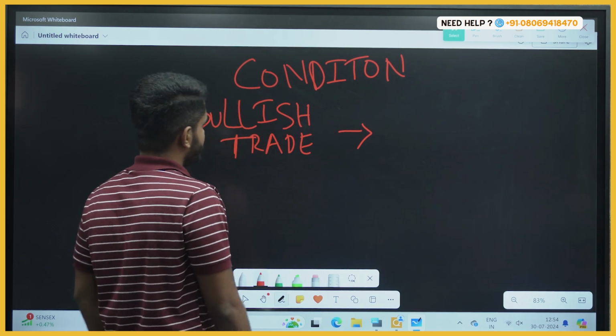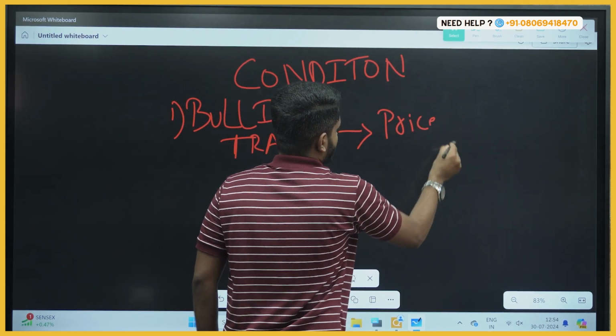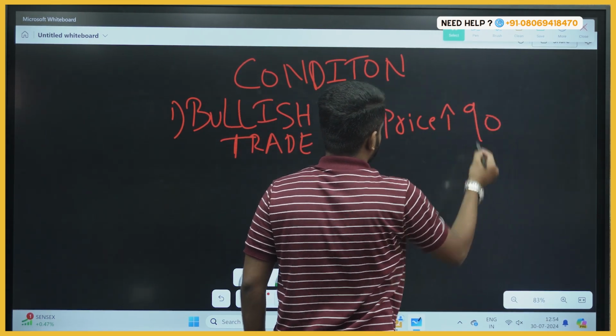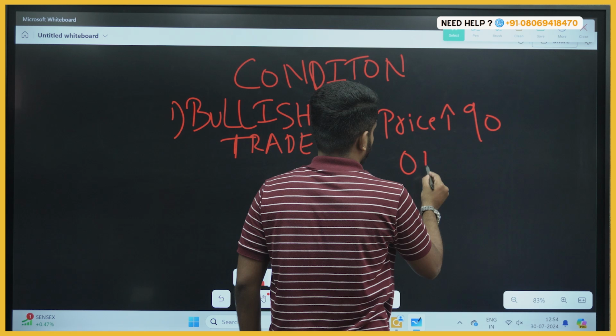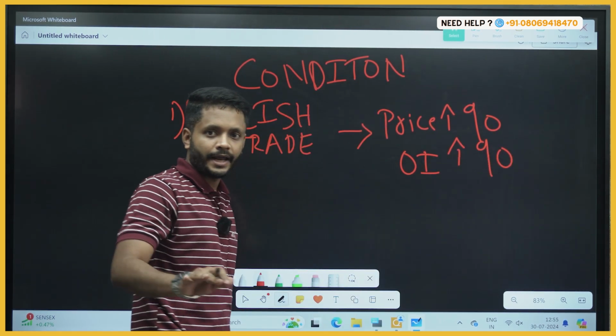What are the conditions? Price percentile should be more than 90 and OI percentile should also be more than 90.